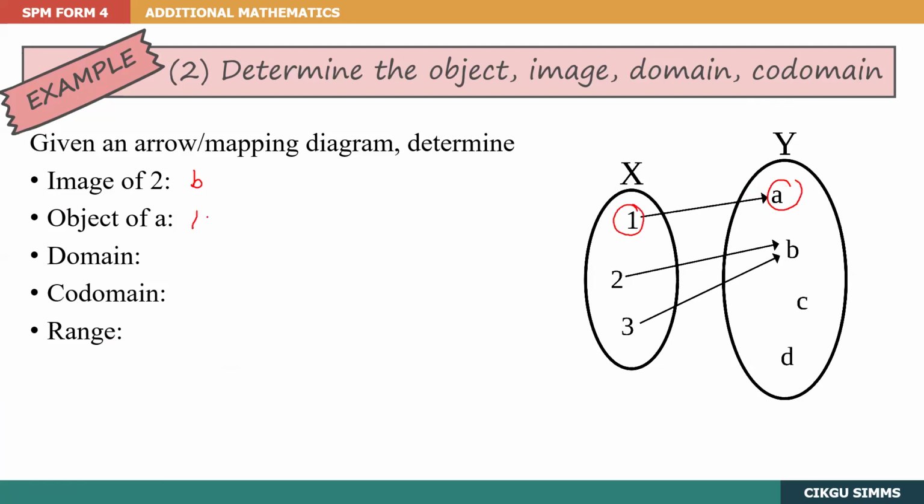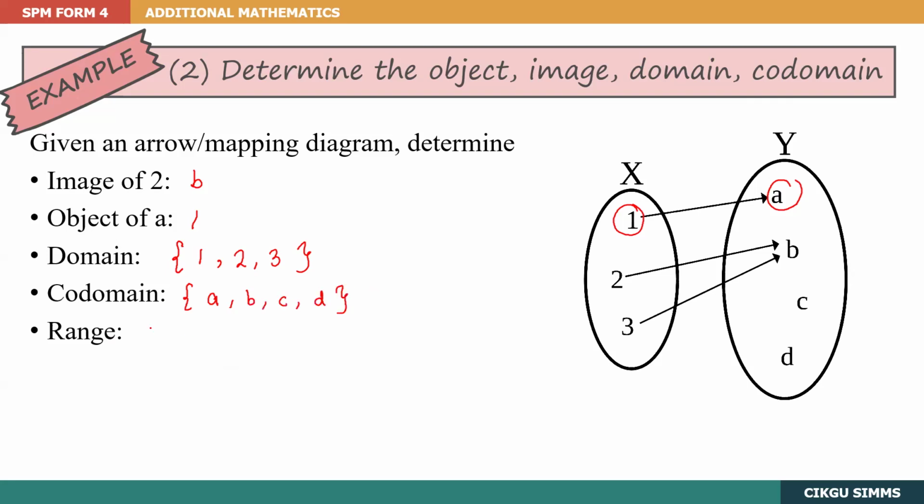The domain is the set of inputs, so you write all the possible inputs inside this set here. Here are all the possible outputs: A, B, C, D is the codomain.